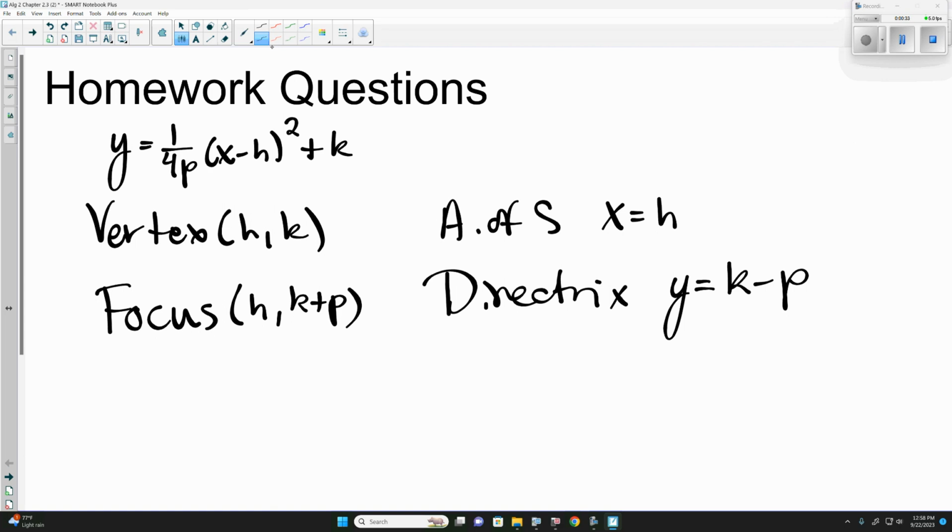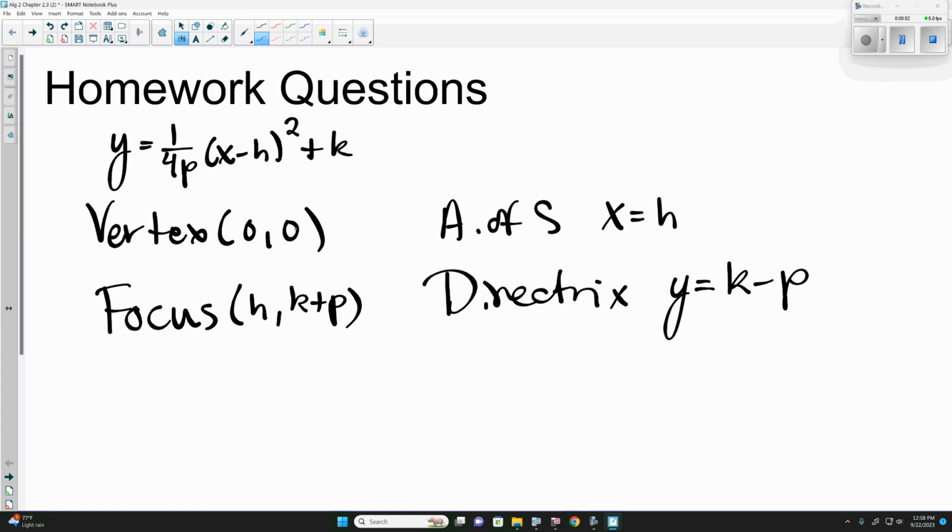The only difference between what we did the rest of the week and what we're doing today is that the value of h and the value of k is going to be 0.